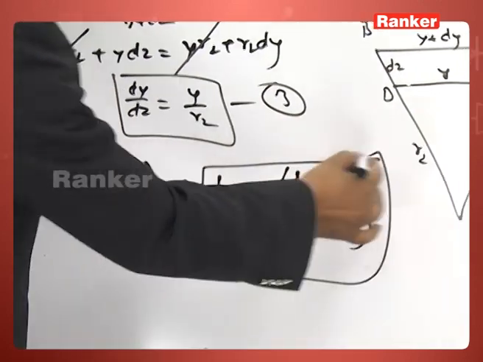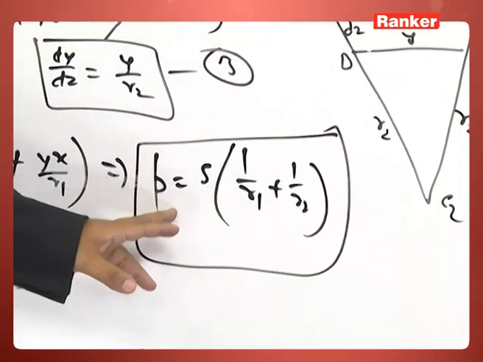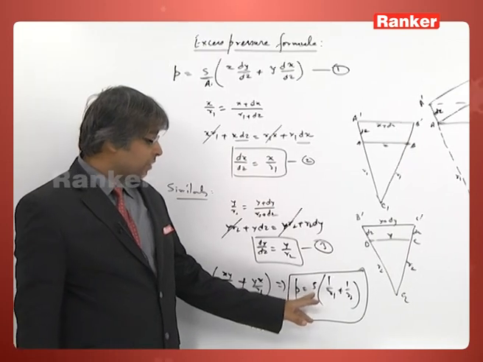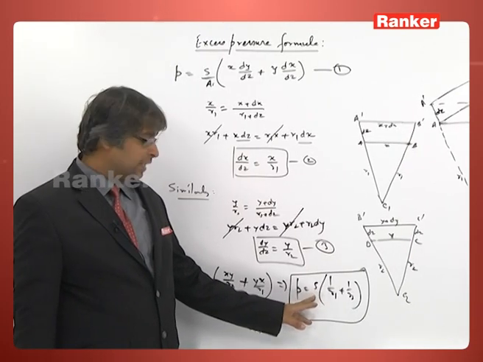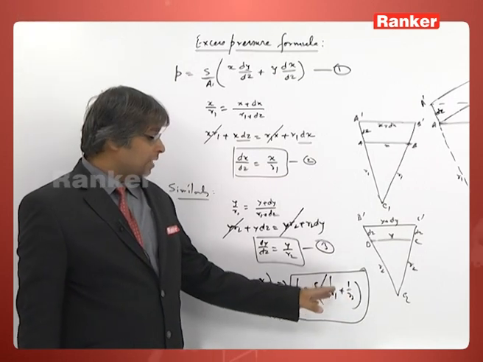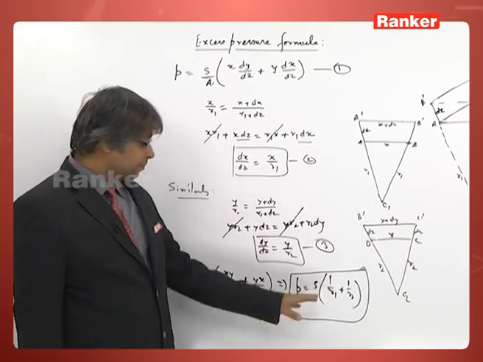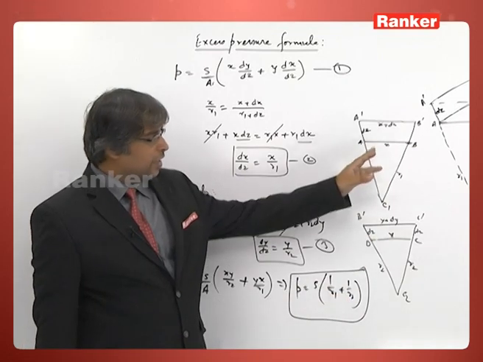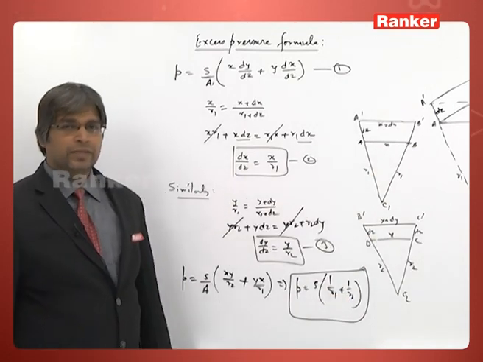So we have thus derived the result for excess pressure, which is equal to S, the surface tension, times 1 by R1 plus 1 by R2, where R1 and R2 are the principal radii of curvature of the surface.